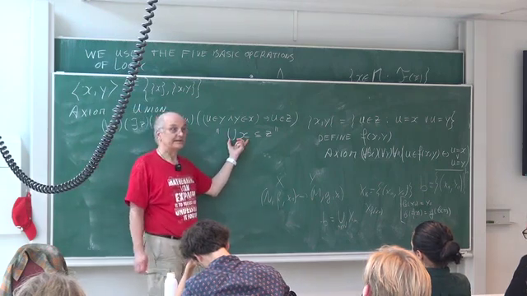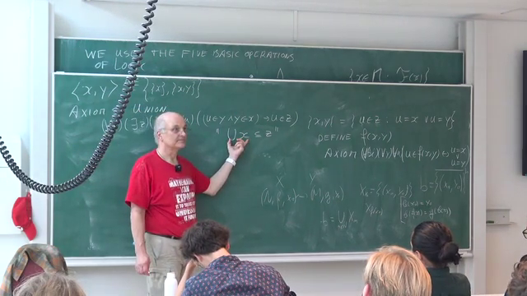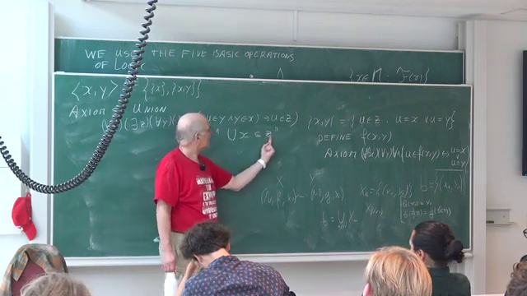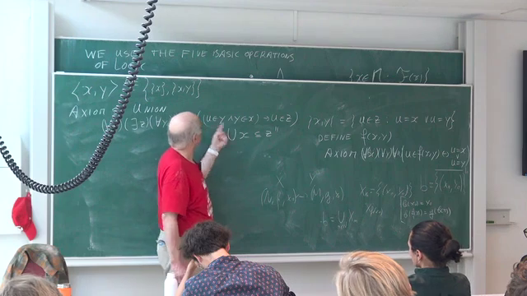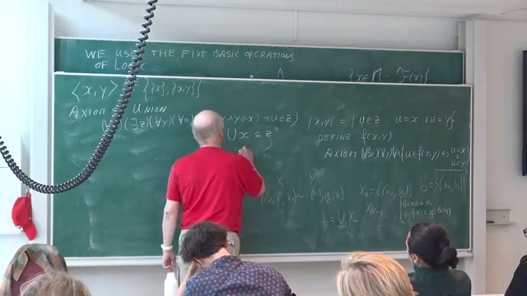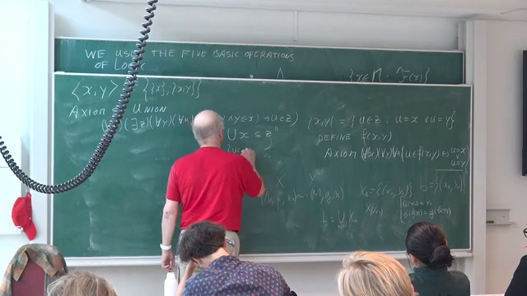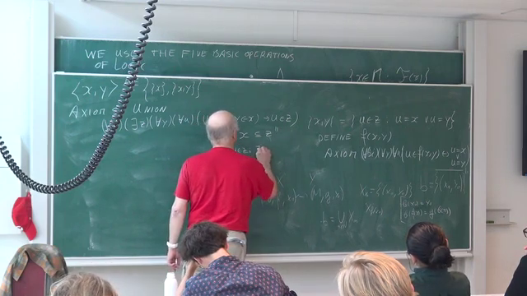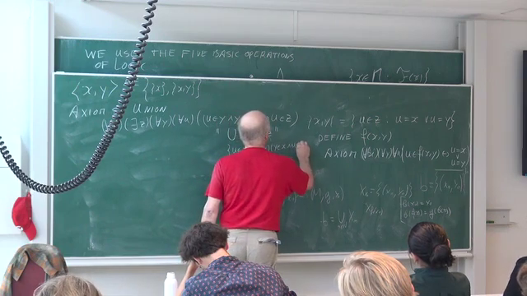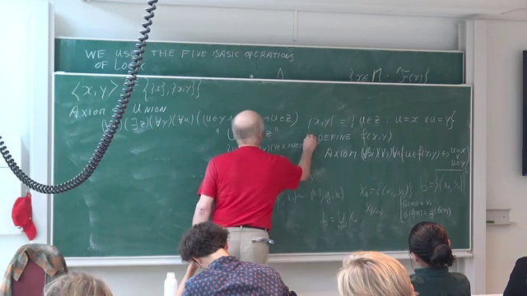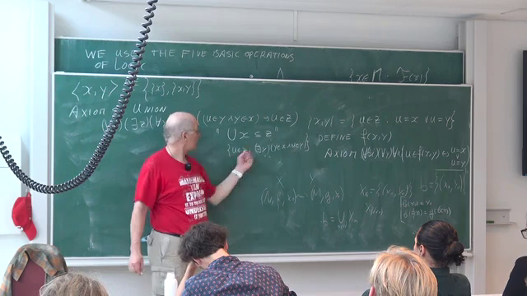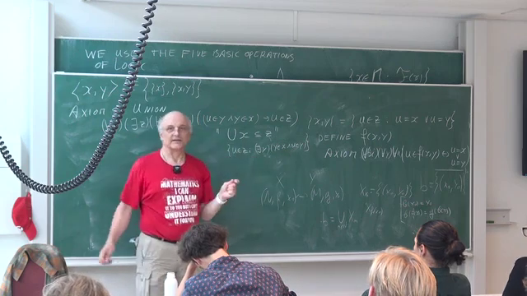Comprehension allows you to define the union, because we take the separation, comprehension, separation. We take Z, we use the separation axiom on this formula here. All the U's that satisfy this, that is exactly the union.